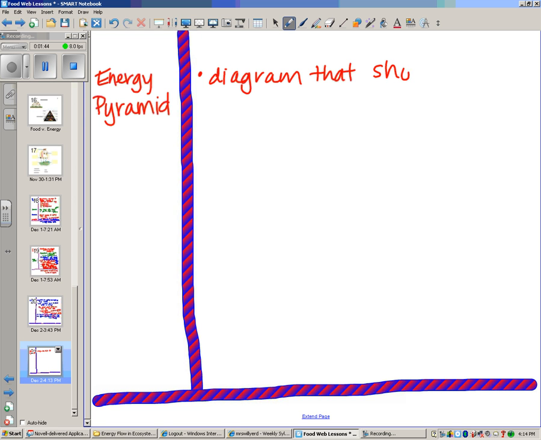that shows the amount. I'm going to abbreviate amount with AMT period of energy that moves from one feeding level to another.